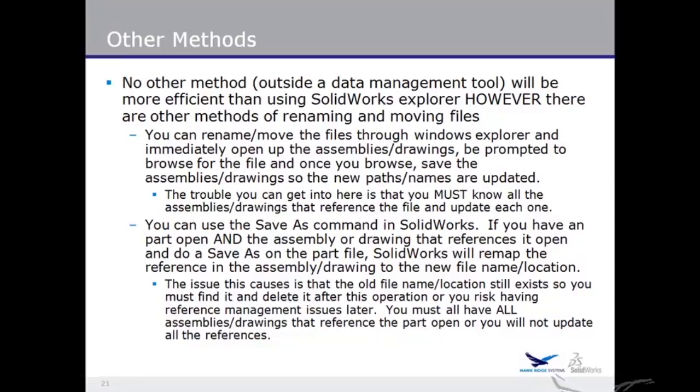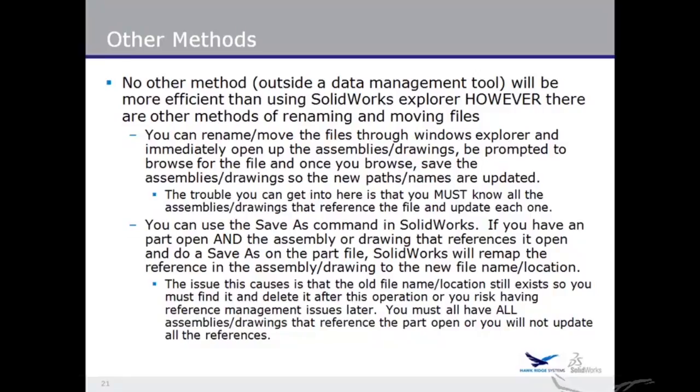The problem with this method is that you have to know every single assembly that needs to be updated. So if that's a common component that's used in 10 assemblies, you have to do this one by one to every single assembly. The other option is to use the Save As command in SolidWorks. If you've got a part like a bracket, and that bracket is used in multiple assemblies, you can open all the assemblies in SolidWorks, and then open the bracket.